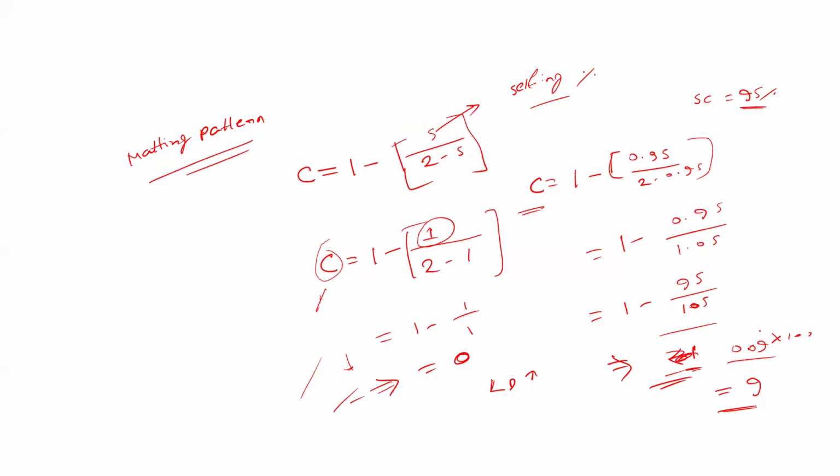Can you calculate? 0.05 divided by 1.05 comes to about 0.05, and if you multiply it with 100, it produces about 9.5 percent crossing over.